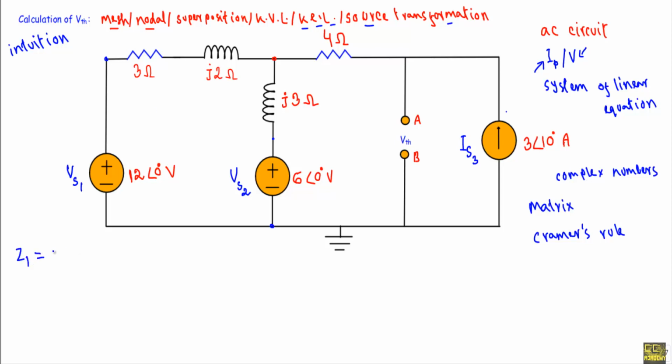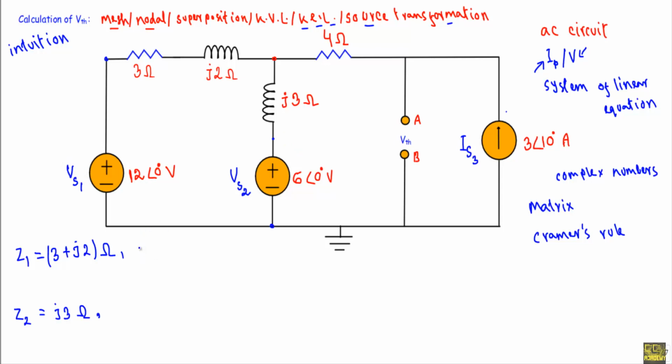Here Z1 is equal to 3 plus J2 ohm. This branch impedance is Z2. Here Z2 is equal to J3 ohm.